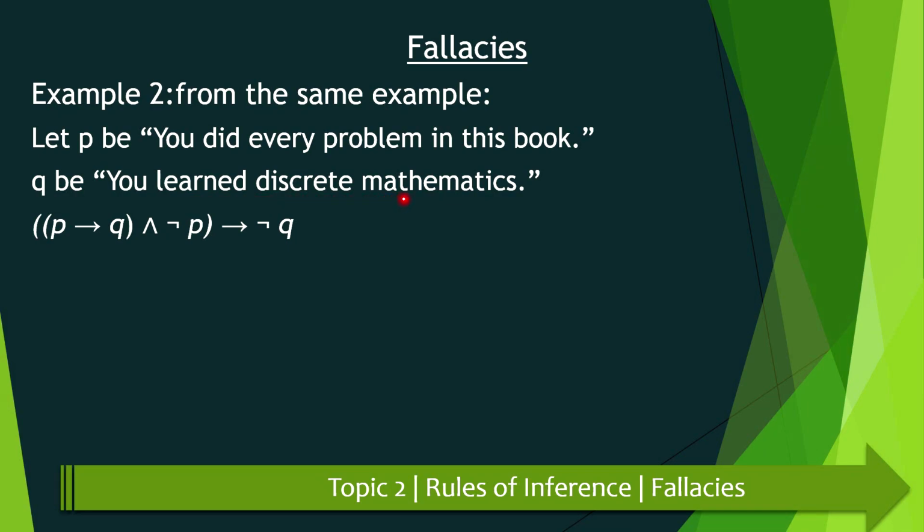Now, it is possible that you learn discrete mathematics, of course, even if you did not do every problem in this book. And this incorrect argument is of the form P implies Q and not P implies not Q, which is the fallacy of denying the hypothesis.